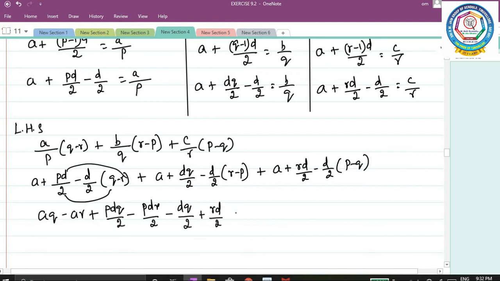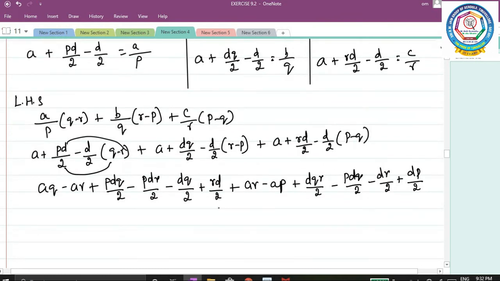Similarly I am going to simplify this also: plus ar minus ap plus dqr by 2 minus pdq by 2 minus dr by 2 minus of minus plus dp by 2.